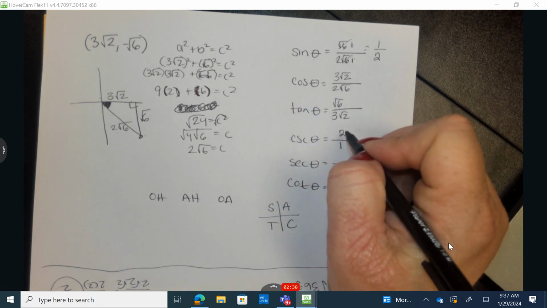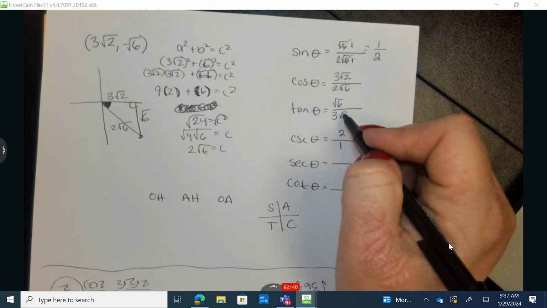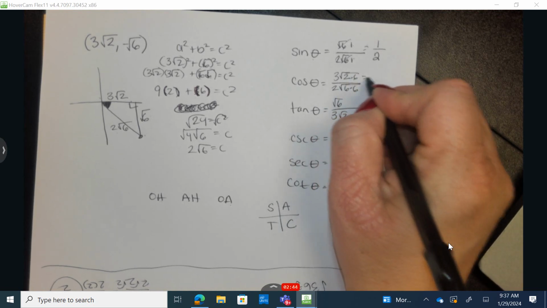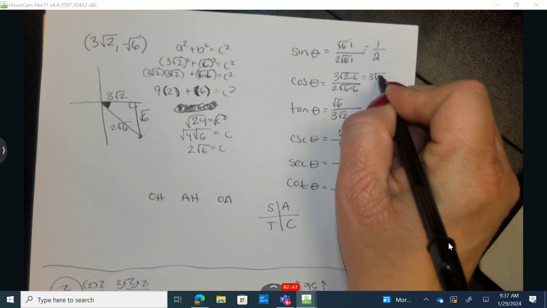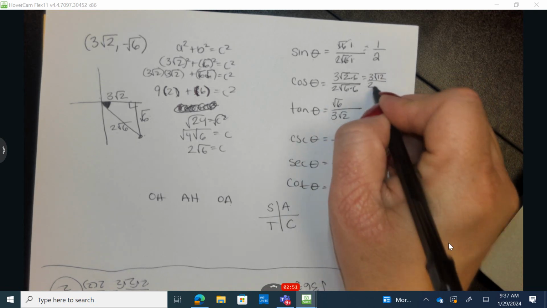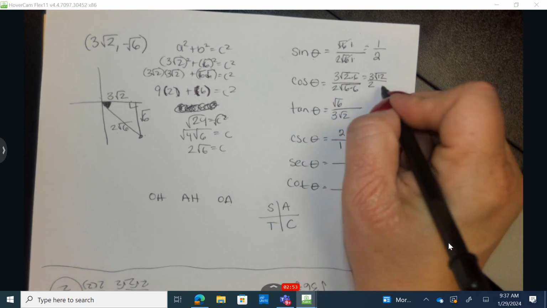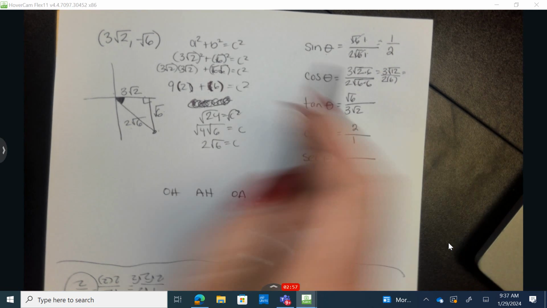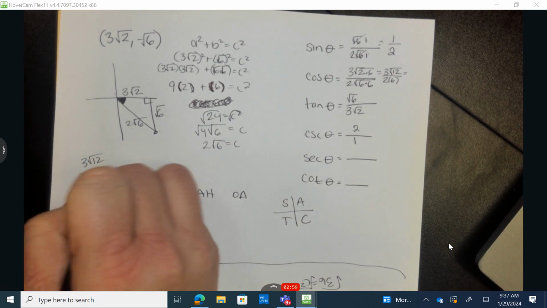So what can I simplify here? Well, these two just can't be canceled out, but what I'm going to do is rationalize the denominator. So now I have 3 square root of 12 over 2 times the square root of 36, which is just 6. Okay, I'm going to have to do a little more work here, so I'm going to come off to the side. I have 3 square root of 12 over 12.